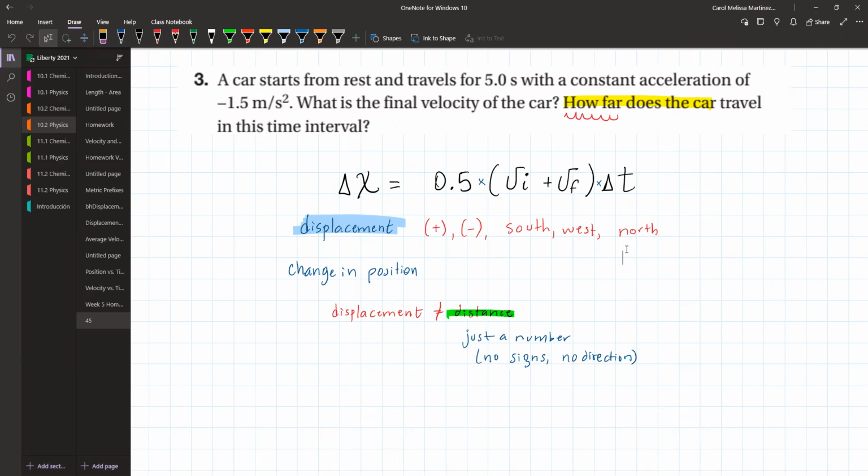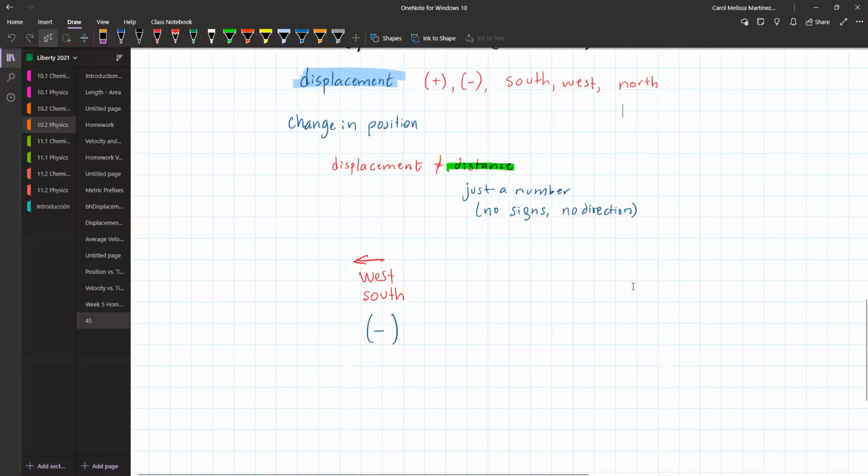That you got negative 19 doesn't mean that it's incorrect. Actually, it is correct. It just tells you that the direction of the car could be to the left, or to the west or south, for example. These are directions that we know as negative. So if you got negative 19 meters, it means that the car is traveling in that direction. That's all it means.